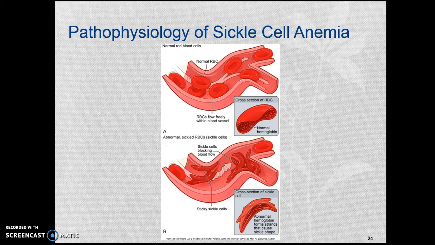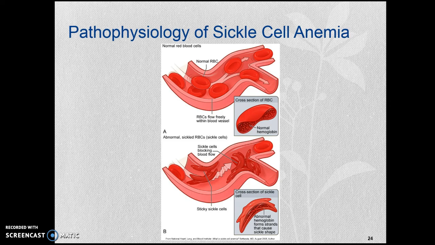So what happens is, with the sickle cell trait, they will have some sickled cells, and as long as the person is hydrated and the vasculature is not inflamed, they can progress with no complications and be asymptomatic.